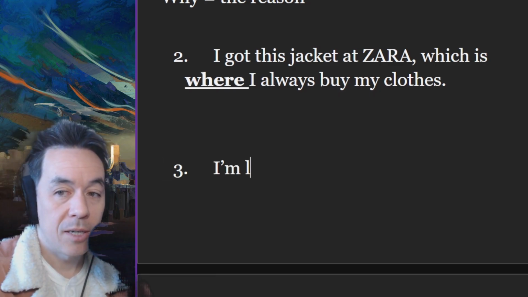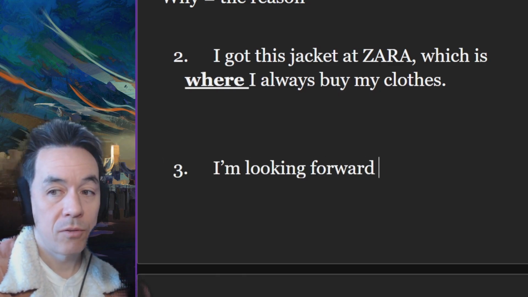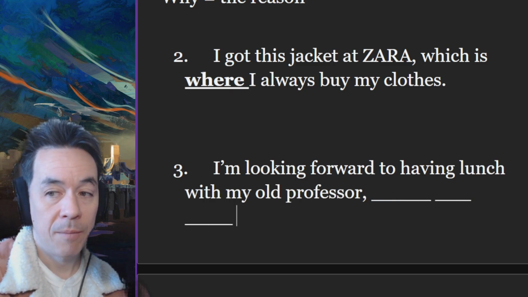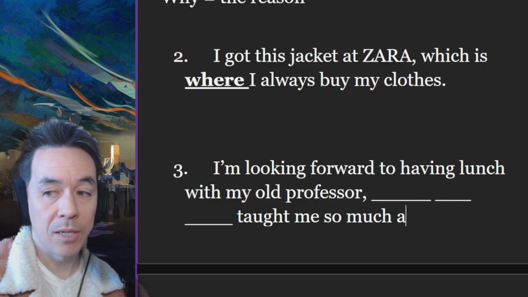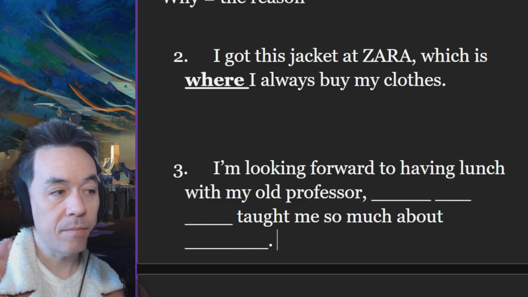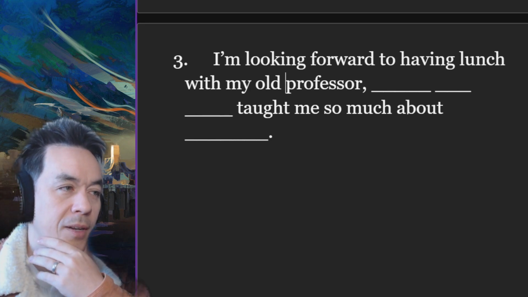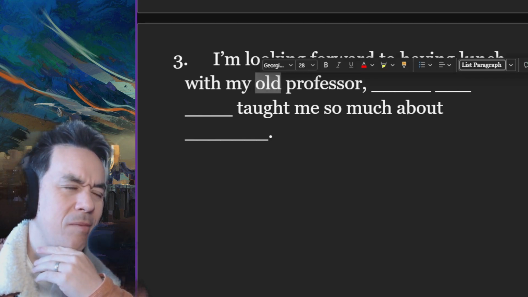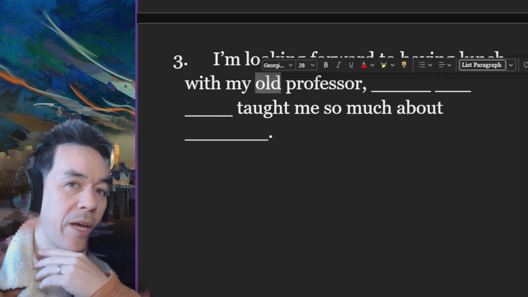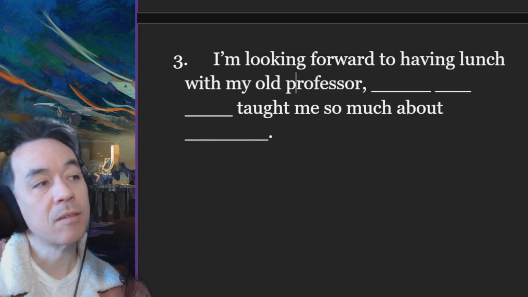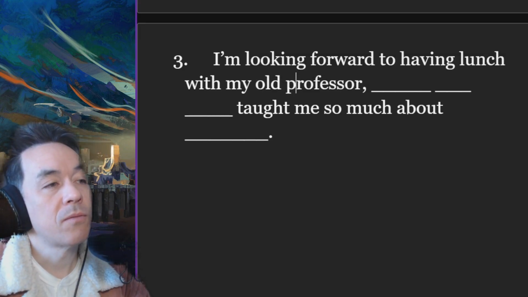Number 3. I'm looking forward to having lunch with my old professor, who taught me so much about something. So, my old professor. Now, this old doesn't necessarily mean old age. It just means past, from my past. So, old professor.